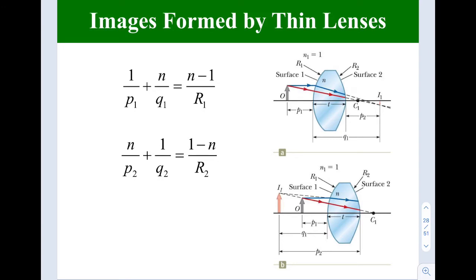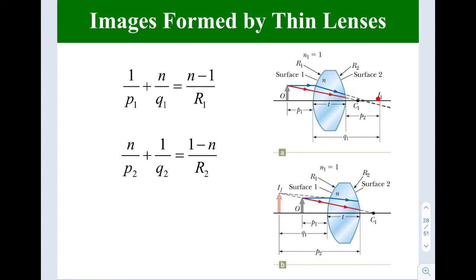But it serves as a virtual object, because it is at the back of the lens. As an image, firstly it is a real image, but to become an object for the second surface, it is a virtual object, because it is to the right of the surface.